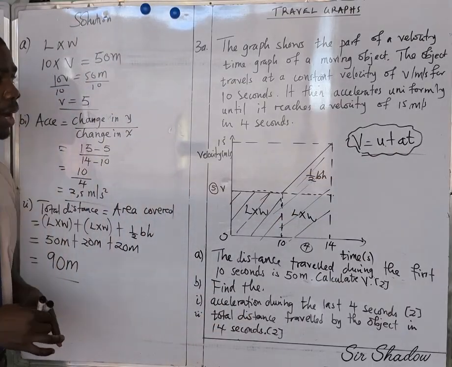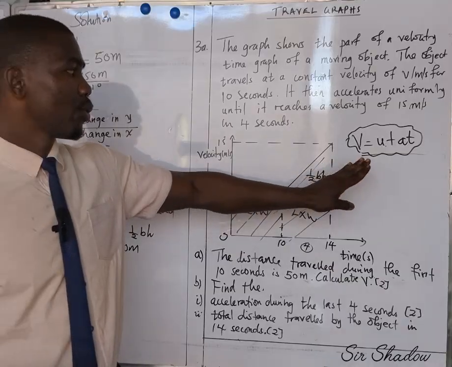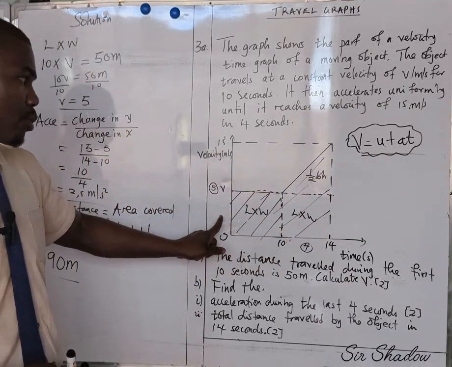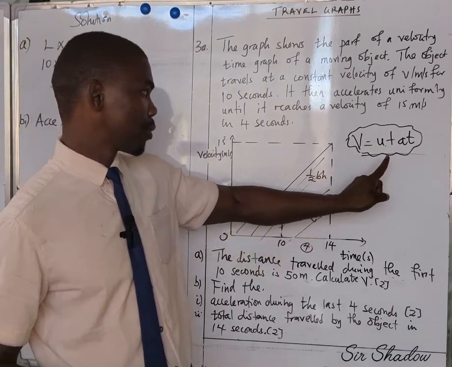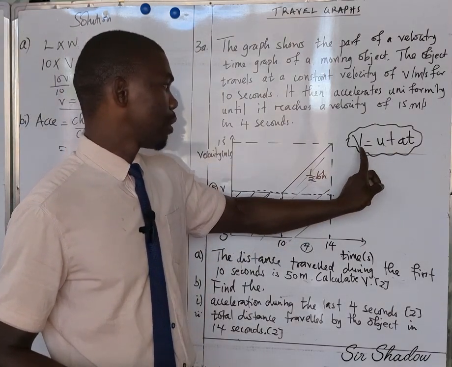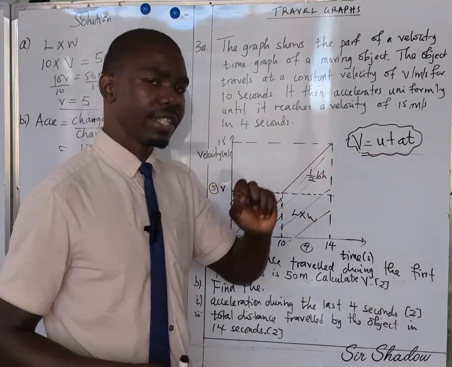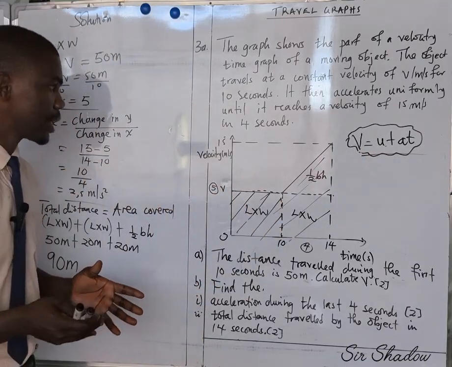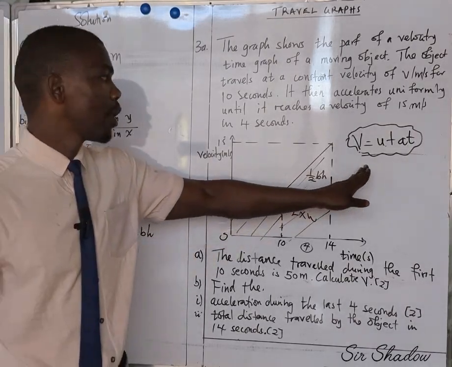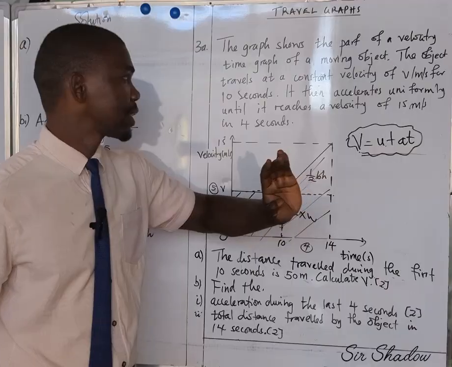On my next video, I will send a lesson based on where to apply this. Yes, it's also applicable to this, because at some point you might be asked for acceleration, initial velocity, final velocity, or even time. But I'll send a lesson based on the application of V equals U plus AT, this formula for kinematics.